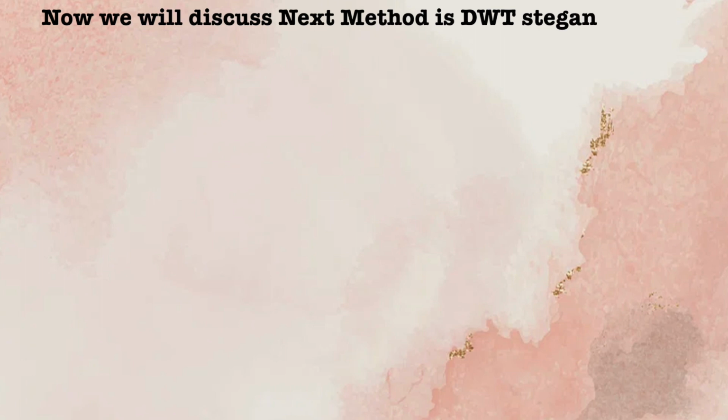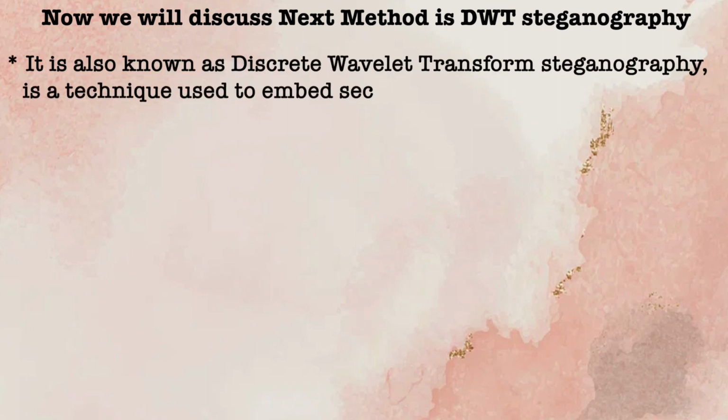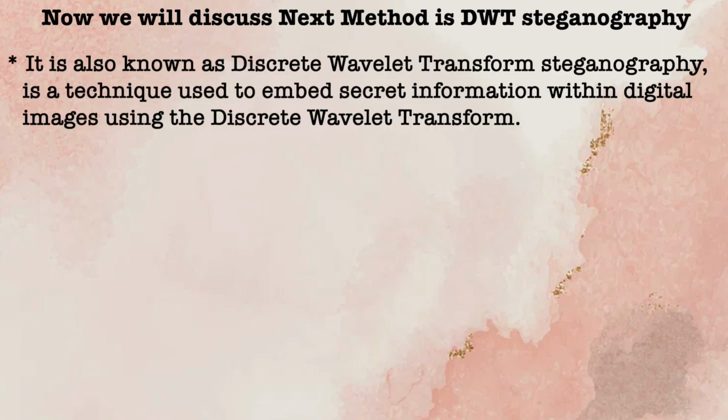Now we will discuss the next method, DWT steganography. It is also known as discrete wavelet transform steganography. It is a technique used to embed secret information within digital images using the discrete wavelet transform.